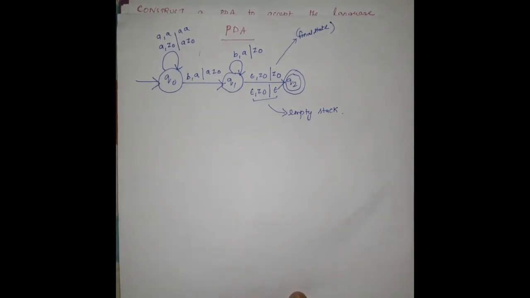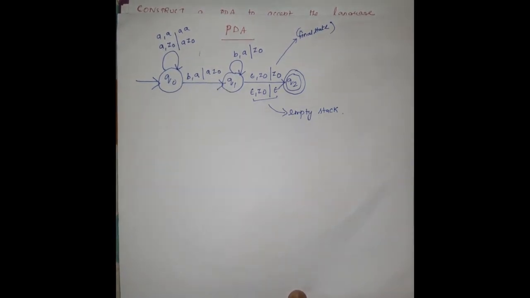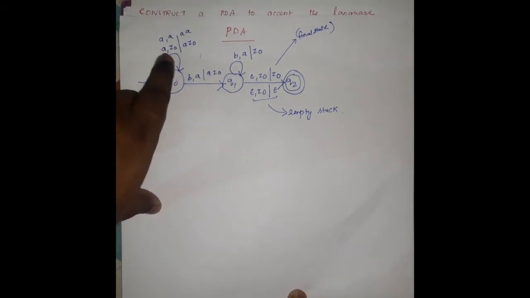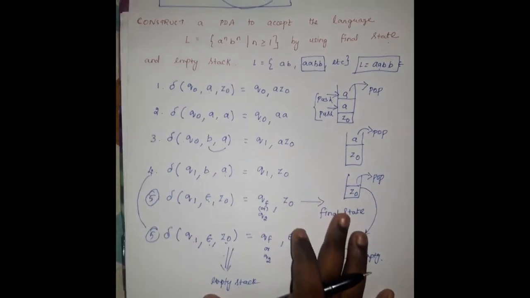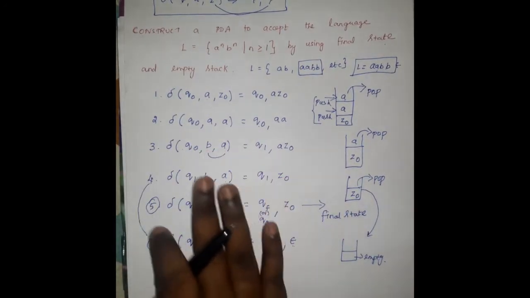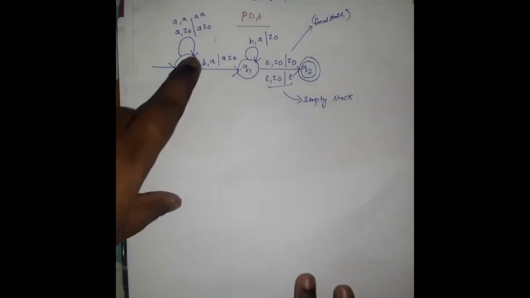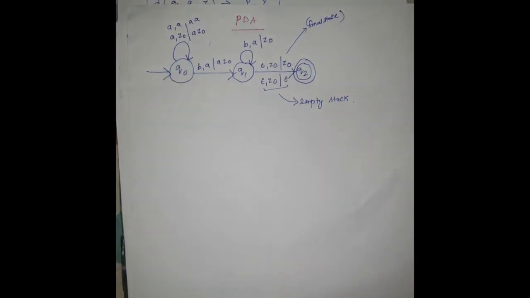In finite automata you can represent only the input symbol, but in pushdown automata we are using stack operation, so you have to mention the current input symbol, top of the stack element, and what are the elements in the stack. You can write all the particular operations clearly in the transition diagram. From this diagram you can write all the inputs and the stack element as it is in the pushdown automata.